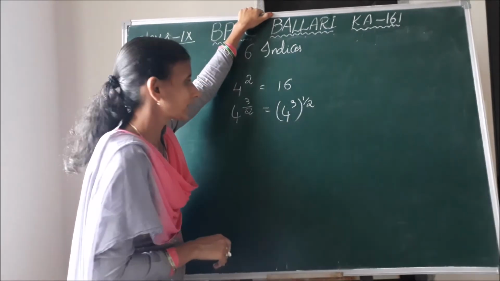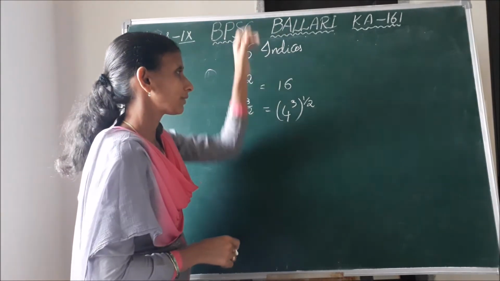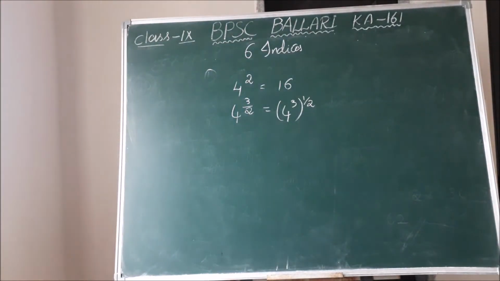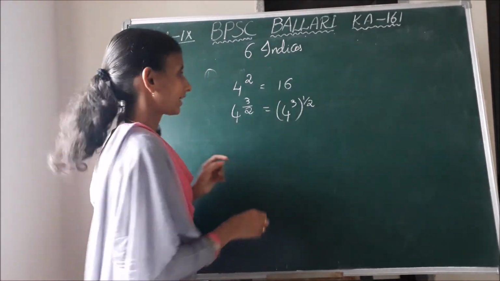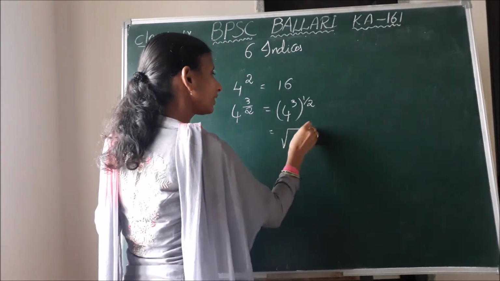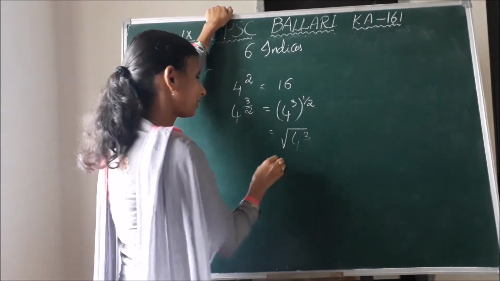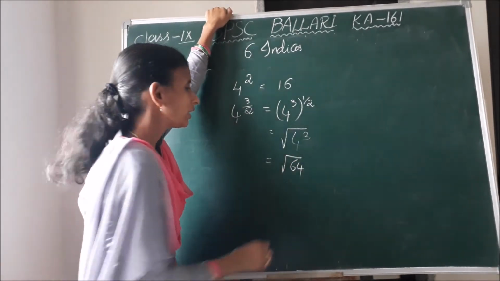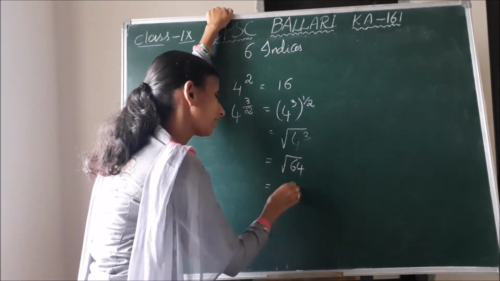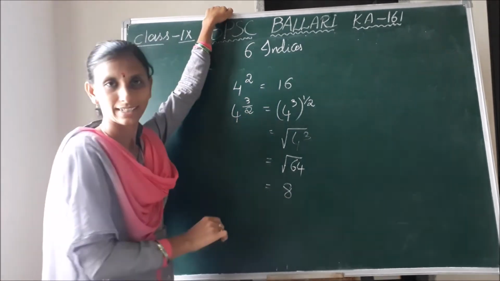So it is the square root of 4 cube. What is the value of 4 cube? It is 64. So the square root of 64 is what? 8. So the value of 4 power 3 by 2 is 8.